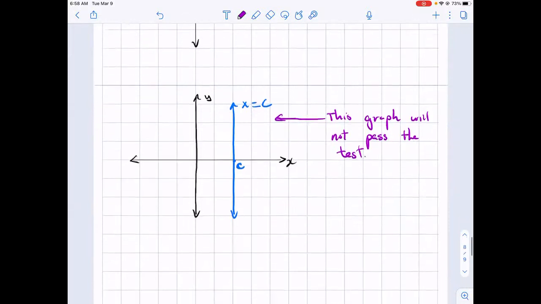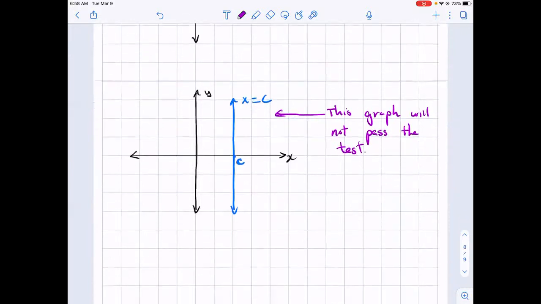The reason we say that is because if we draw a vertical line here, it doesn't hit at all, and the rule says it has to hit at least once. If you draw a line right there, notice that this one hits everywhere. It's touching each place every single time.